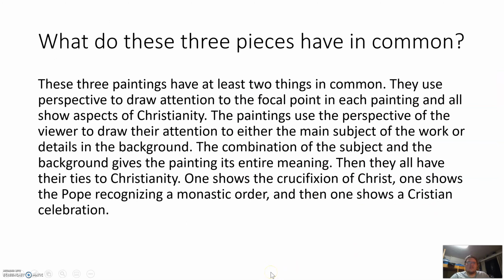So, what do these three pieces have in common? These three paintings have at least two things in common. They use perspective to draw attention to the focal point in each painting, and all show aspects of Christianity. The paintings use the perspective of the viewer to draw their attention to either the main subject of the work or details in the background. The combination of the subject and the background gives the painting its entire meaning.